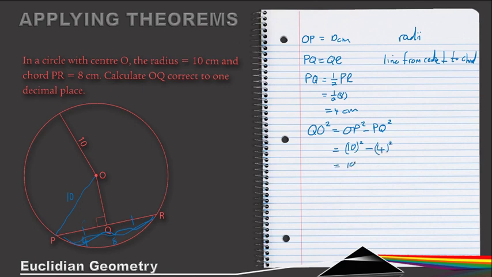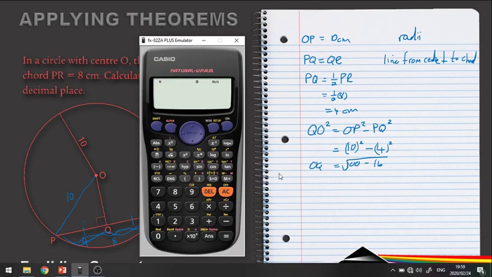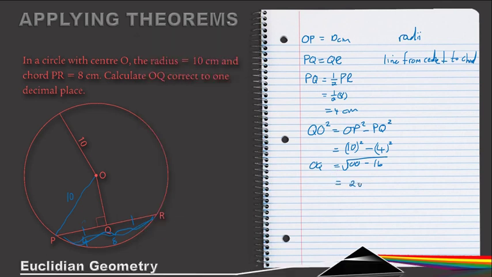So this gives me 100 minus 16. And then if I take the square root of that, OQ is the square root of 100 minus 16. And this gives us 2 square roots of 21 centimeters.